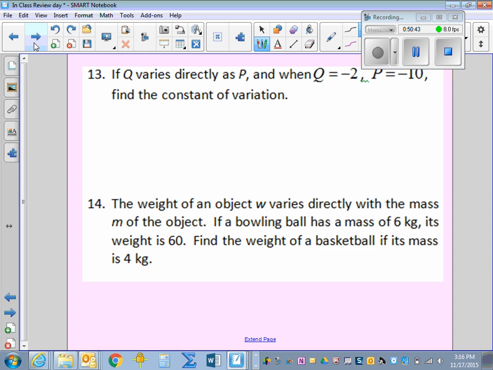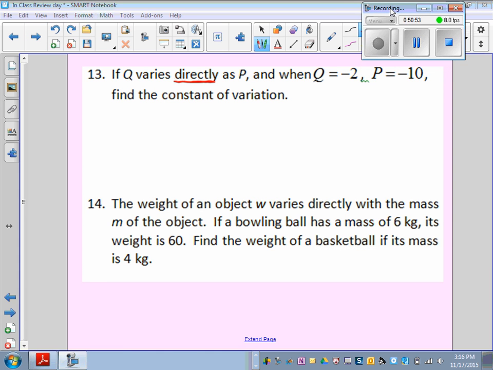And finally our last ones. Number 13, if Q varies directly as P, and when Q equals -2, P equals -10, find the constant of variation. My constant of variation is K. Make sure you read and know what the instructions are asking for. Alright, it says varies directly. So normally I have y equals K times x, but here we just have different variables.